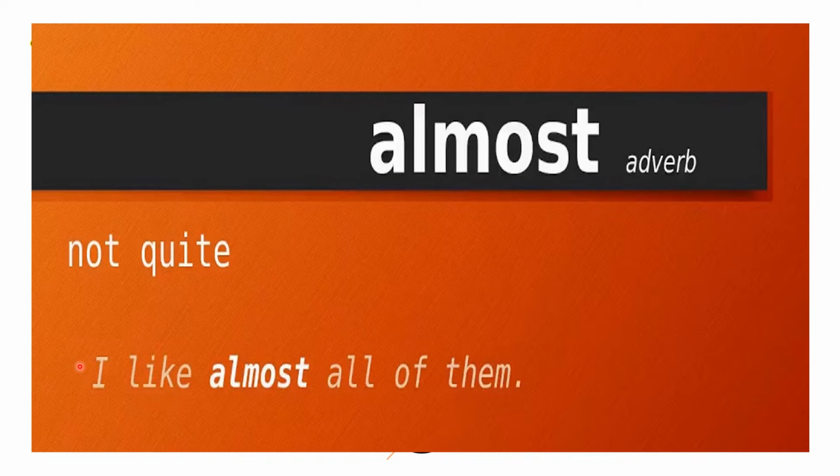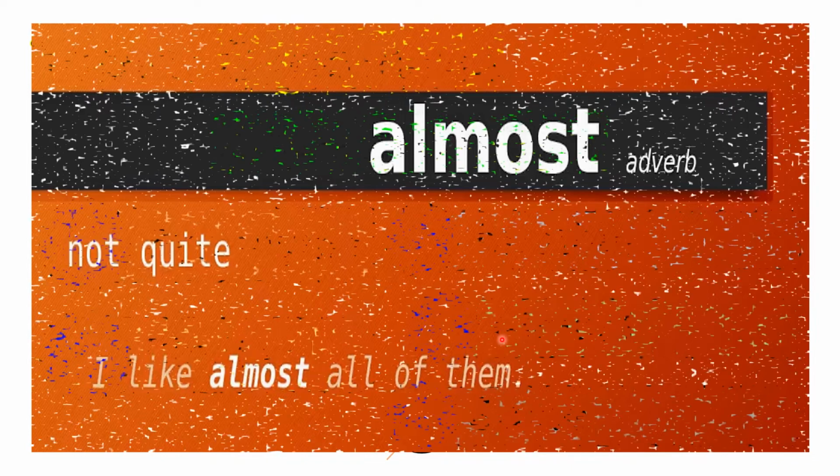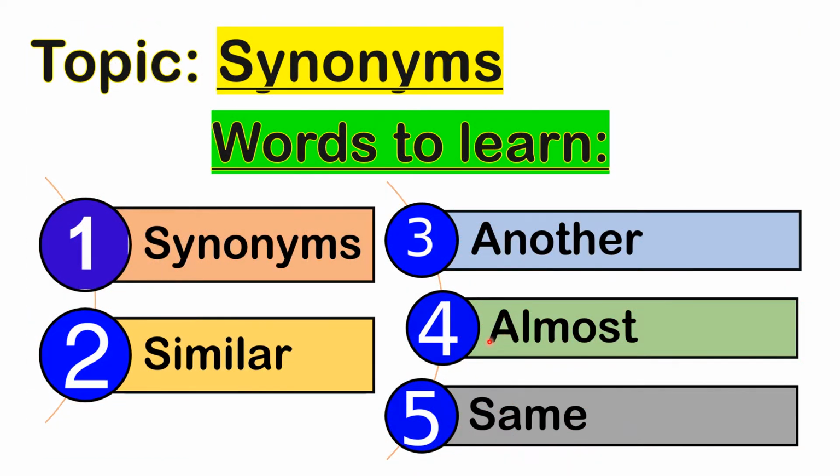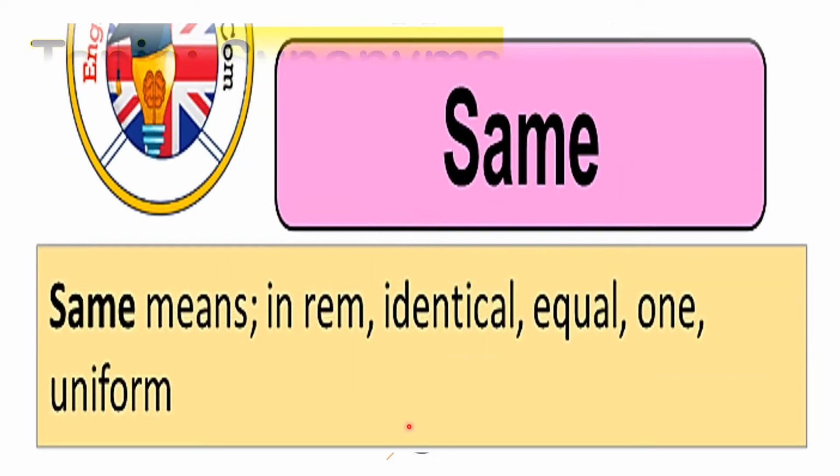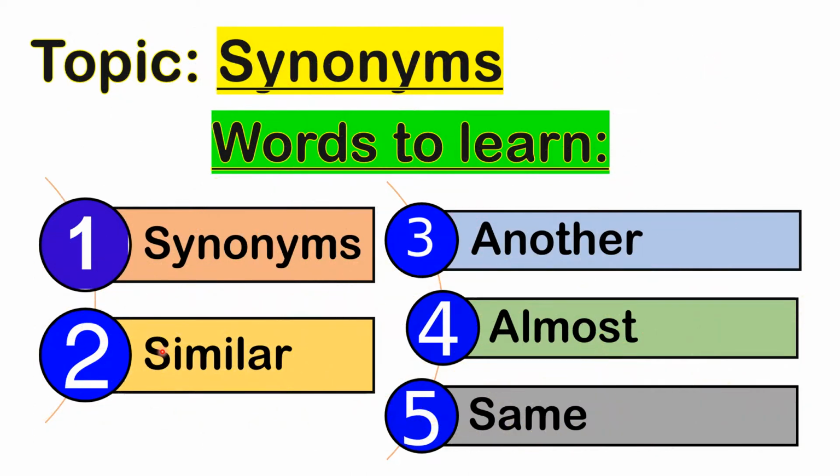Example, I like almost all of them. Next, the last word is same. Same means identical, equal, one, or uniform. So these are the 5 words that we will be encountering as we go through studying what is synonym.